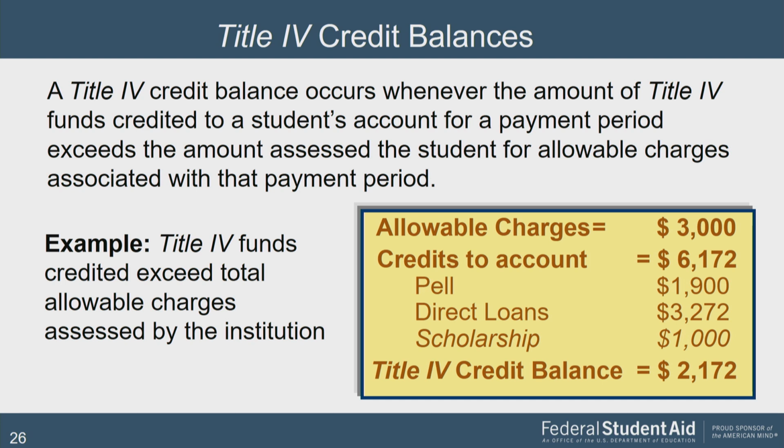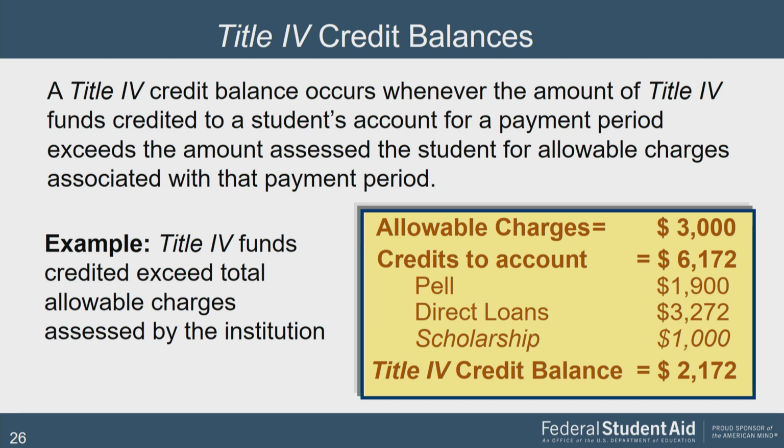So that would not be included in determining the Title IV credit balance. So you can see here that the Title IV credit balance, when it's determined, is not inclusive of that scholarship, only Title IV funds, and the Title IV credit balance is $2,172. So that would be the amount that you're obligated to give to the student according to our rules.